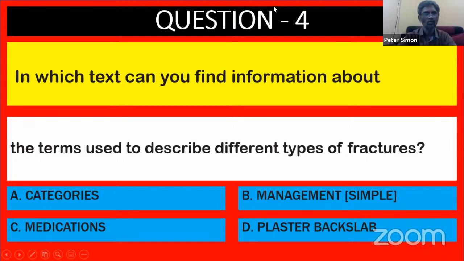Now you got a new word, analgesia. Analgesia is the clue word. Among categories, management, medication, and plaster backslab, analgesia means what?